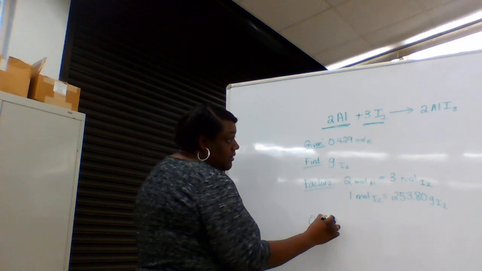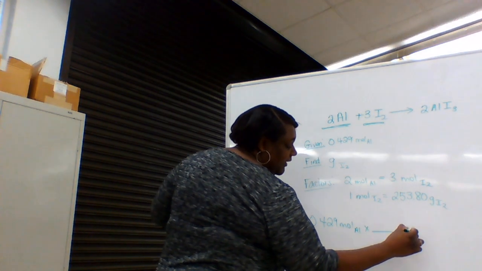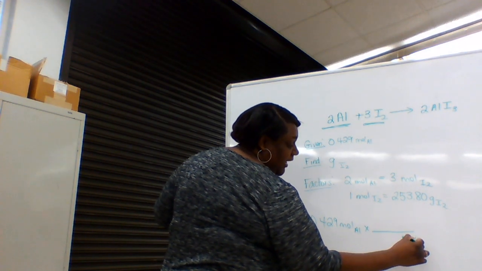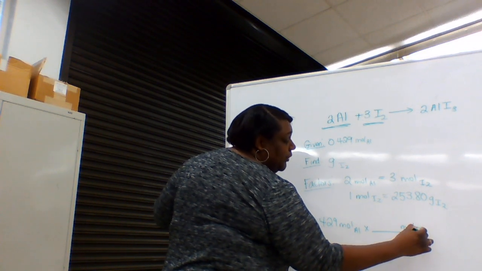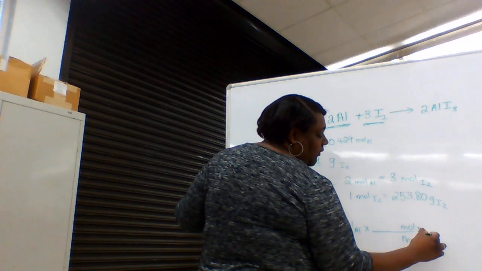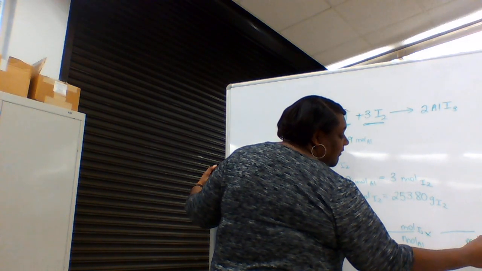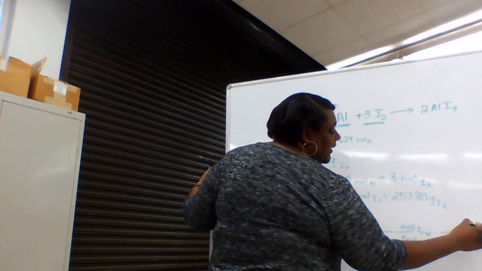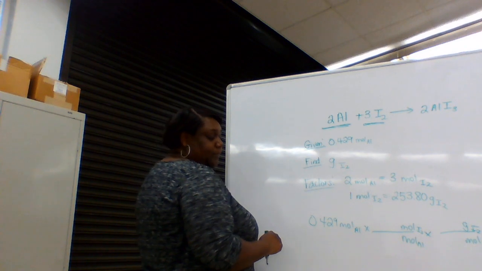And so when I set up my dimensional analysis problem for this one, again, I'm going to start with what they gave me. Moles of aluminum. Setting it up so my units cancel out. I'm going to moles of I2. And once I get to moles of I2, I'm going to get those units for moles of I2 to cancel out so that I can go to grams of I2, which is what the problem asked me for.